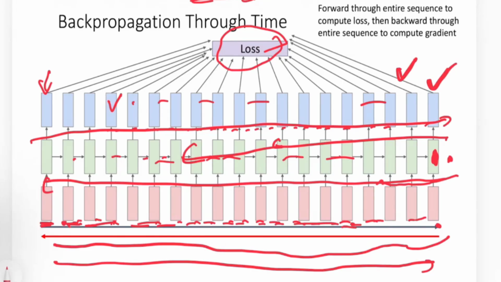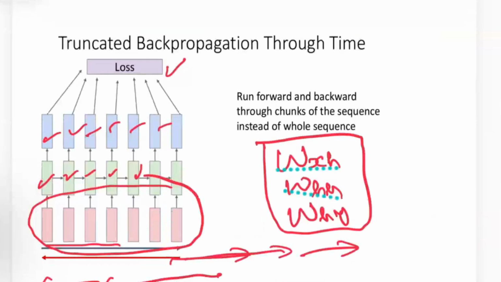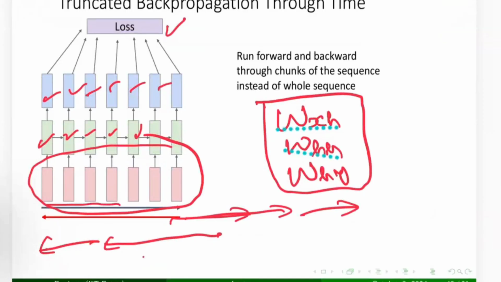Then the solution was truncated back propagation through time. Instead of considering all words, we'll consider only one chunk of words. We know we have all the words in the paragraph, but we are not going to consider every word at once. We divide them into multiple chunks, and at a time we consider one chunk, one set of words.